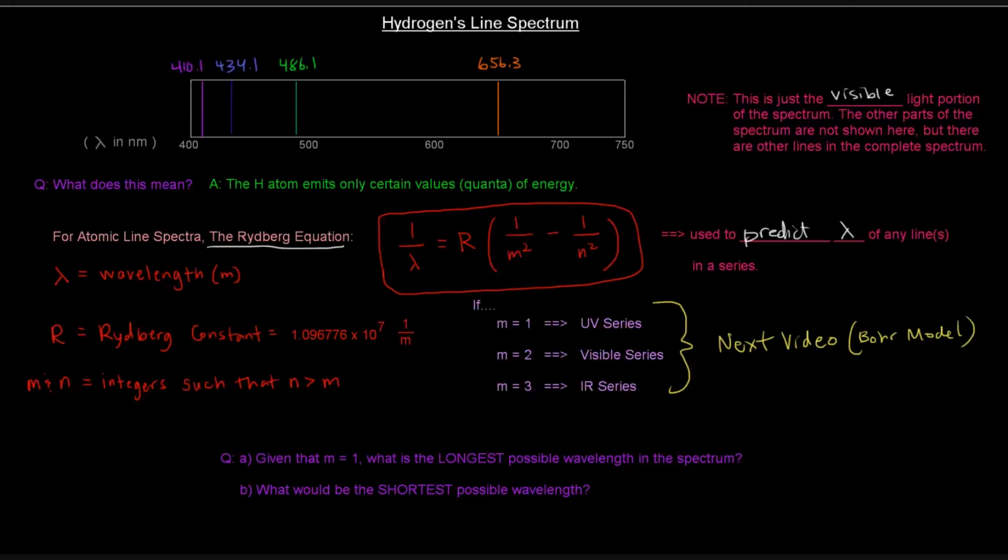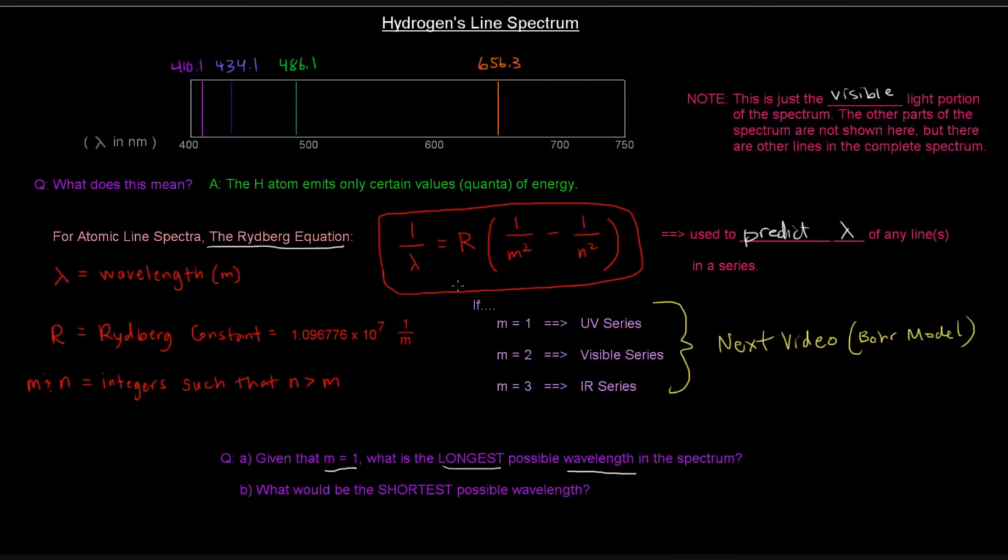Now let's do some practice problems that relate to the Rydberg equation. So here we got a question with two parts, A and B. A says, given that m equals 1, what is the longest possible wavelength in the spectrum? So they tell us that m equals 1, and they want us to find the wavelength.